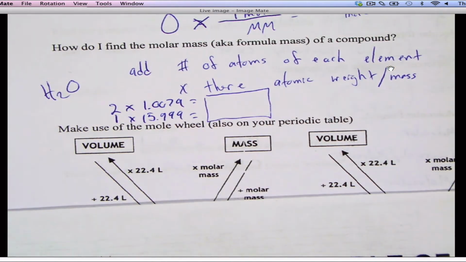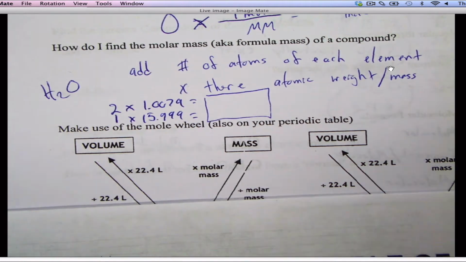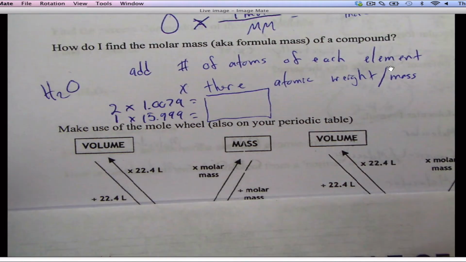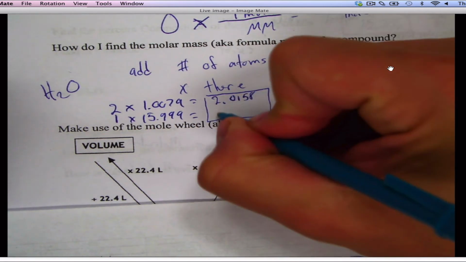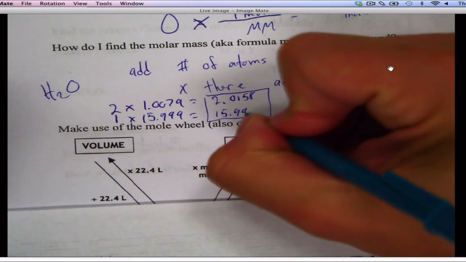Let's do some calculations so we know what's going on. 2 times 1.0079 is 2.0158, and then 15.999 times 1.